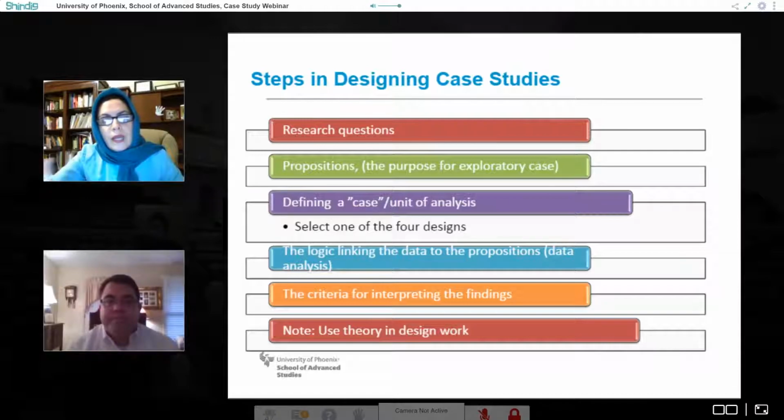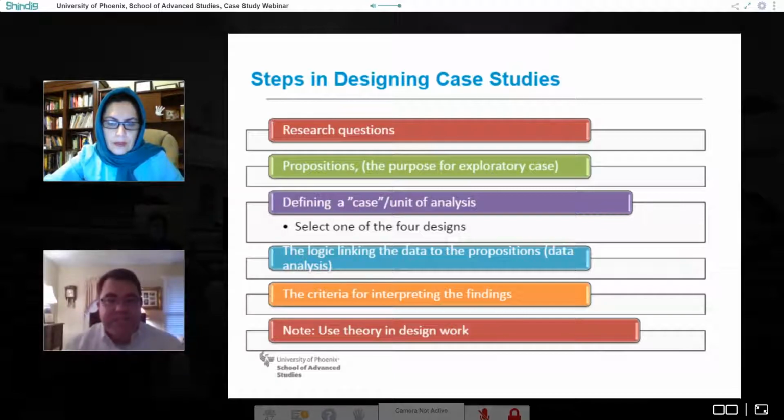This goes back to data analysis that I will explain. We need to have criteria for interpreting our findings, continuously keeping up with our plan and trying to compare and contrast with what we have as our proposition. And using a theory is also important. I will talk about all of these in the following slides.